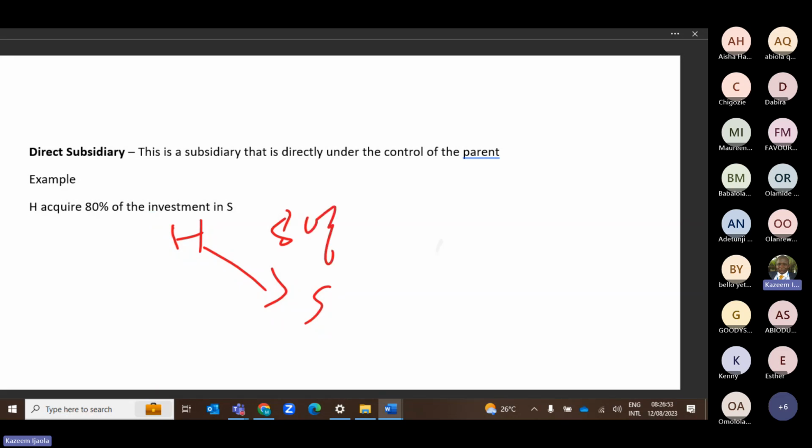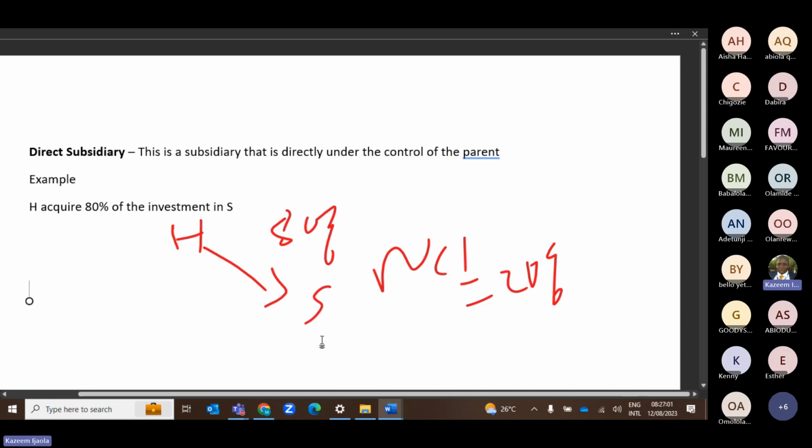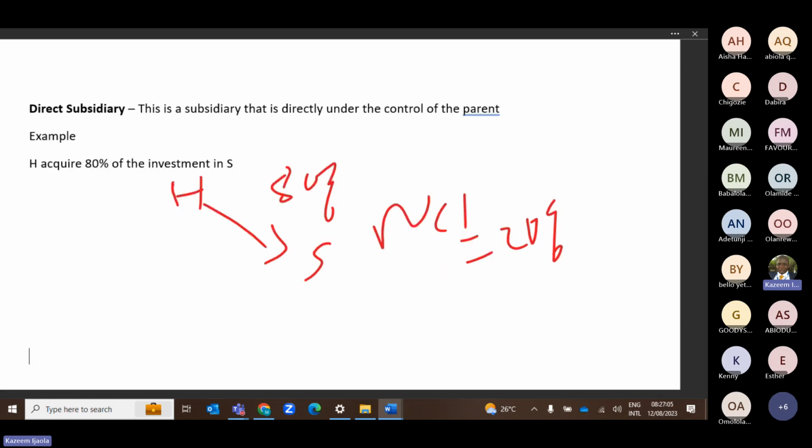Then the NCI is 20%. This is an example of a direct subsidiary. Under a direct subsidiary, there is one parent and one subsidiary. So this is what a direct subsidiary is all about.